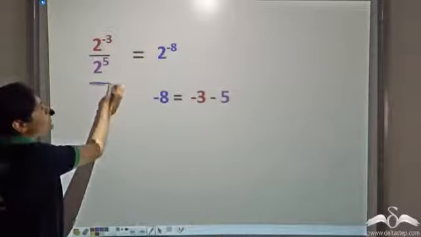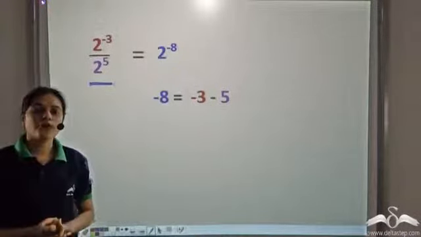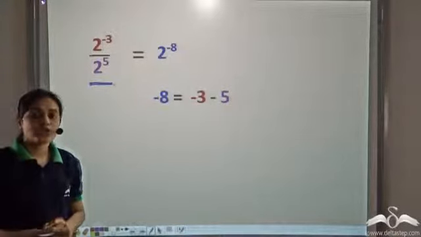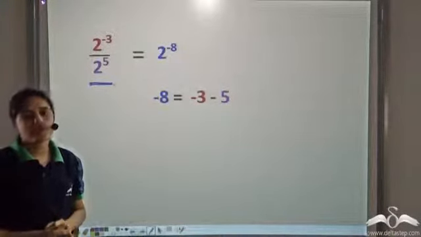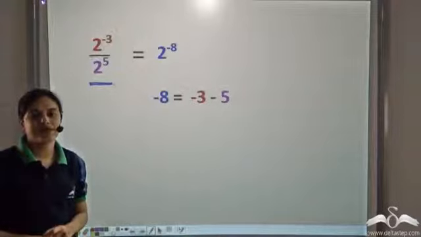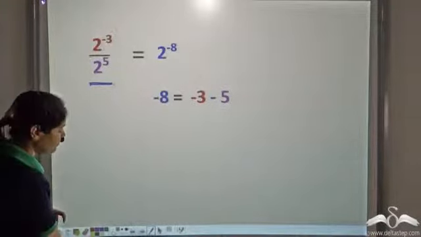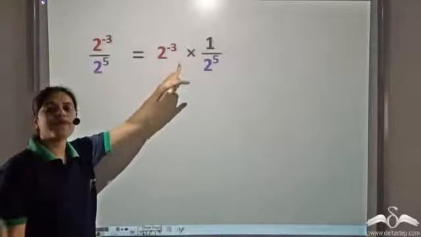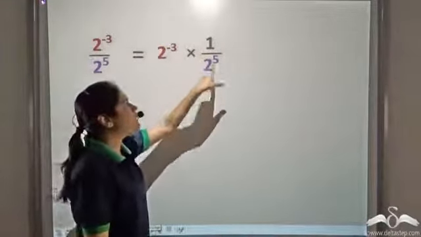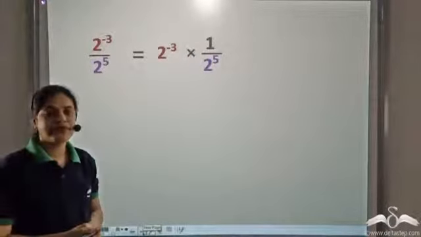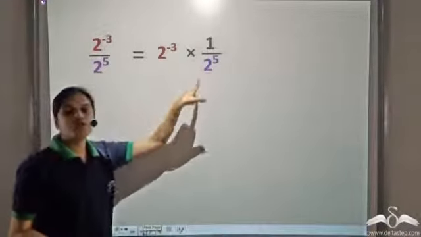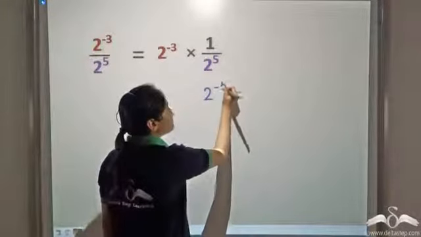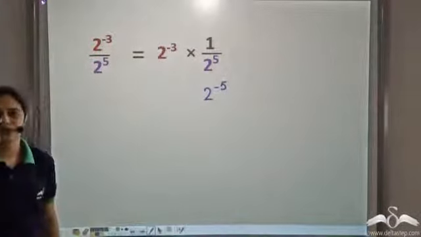Now, we can solve this even without using the law of exponents for division. We can solve it using the law of exponents for multiplication. How? Let us see. This can be written as 2 to the power negative 3 into 1 by 2 to the power 5. Now 1 by 2 to the power 5 can be written as 2 to the power negative 5.